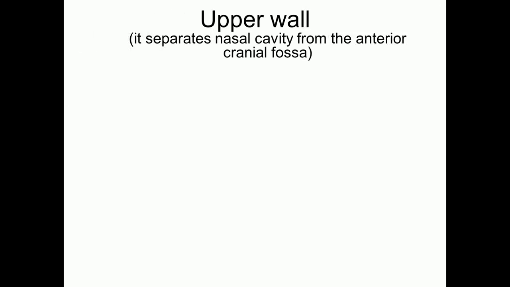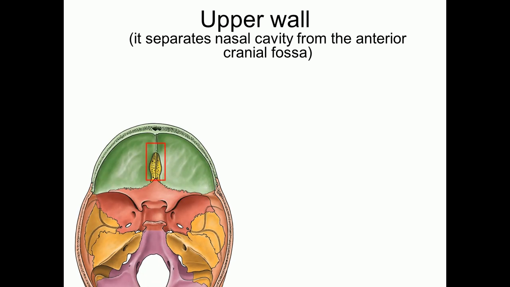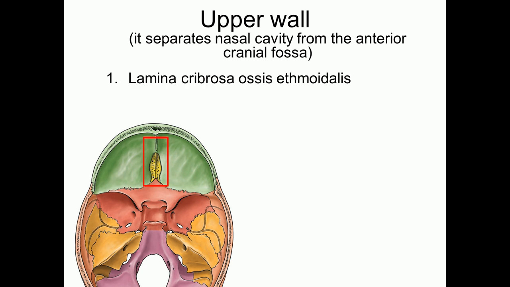And now let's try to distinguish each wall separately. The upper wall, first of all. We can say that the upper wall separates the nasal cavity from the anterior cranial fossa. And now I use this red square for demonstrating the two bones which form the upper wall of the nasal cavity.